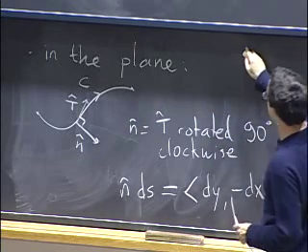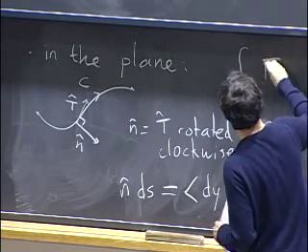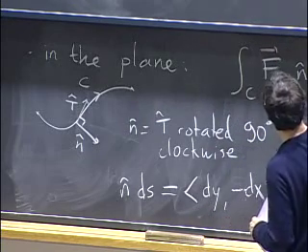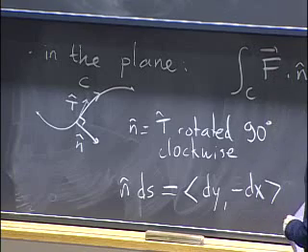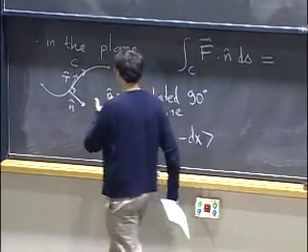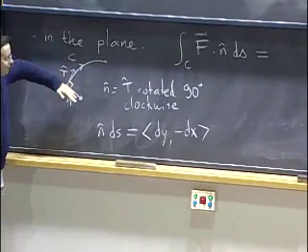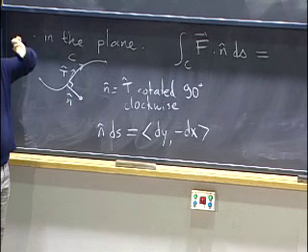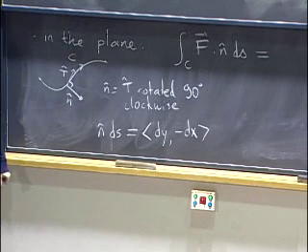Concretely, when we have to evaluate a line integral of F dot n ds, geometrically we could take the dot product of our field with the normal vector and then sum the length elements along the curve.